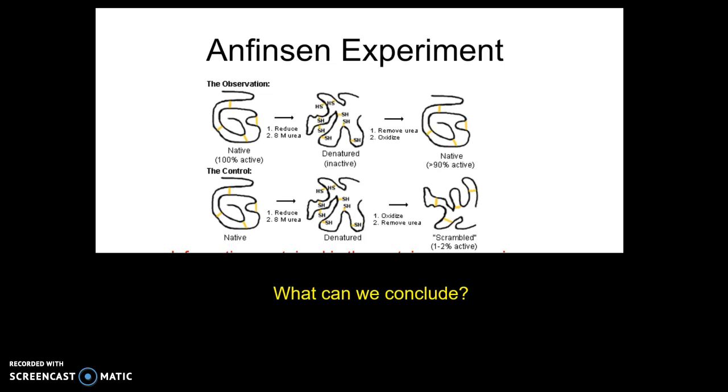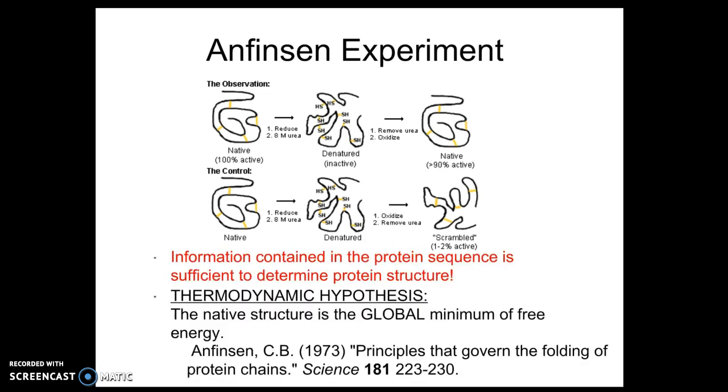And so, what can we conclude from that? We can conclude that the whole purpose of the disulfide bonds is just to lock in that structure. It's the sequence of the amino acids that determines the protein structure, and the purpose of the disulfide bonds is just to lock in whatever they folded up into.